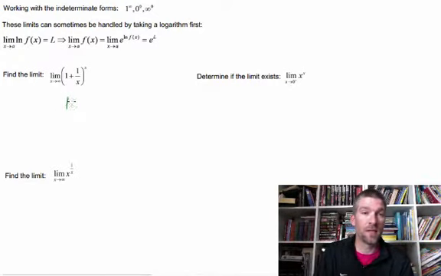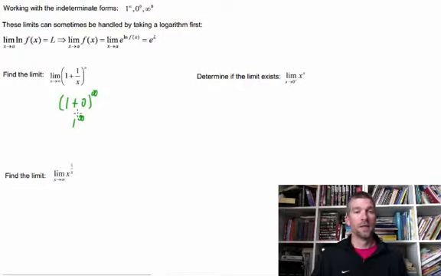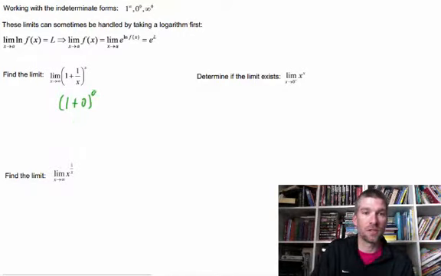So basically what I've got is 1 plus 0 to the infinite power, or 1 to the infinite power. And since this is what we've got, we're going to have to use a little trick where we take the natural log of the function, which allows us to manipulate the function a little bit. So let's see what that looks like.